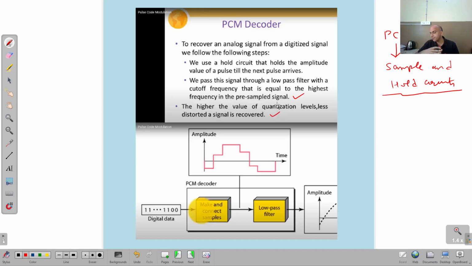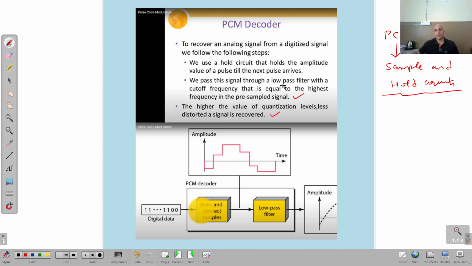So what they are saying is that first of all, the signal is passed through a low pass filter to remove all the unwanted or undesirable frequencies from the signal, and after this the signal is passed through a sample and hold circuit.